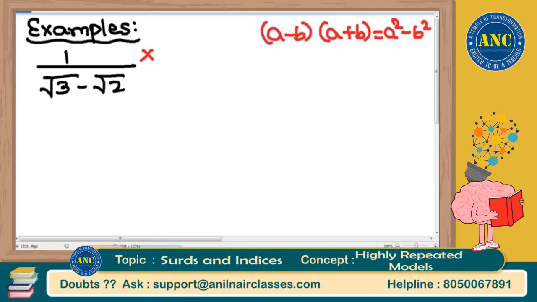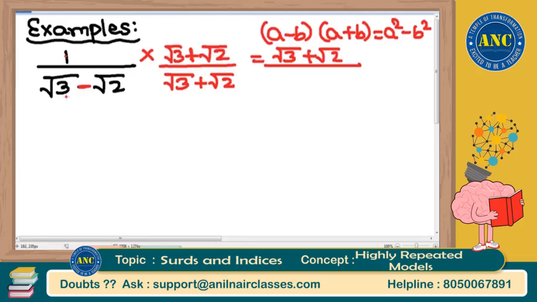That means I have a minus b in the denominator. I want a plus b to be in the denominator so that I can use that property. If I multiply by root 3 plus root 2, a square, root 3 whole square, is 3 minus b square, root 2 whole square, is 2. It is root 3 plus root 2.